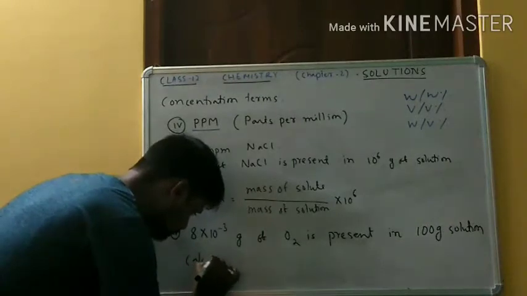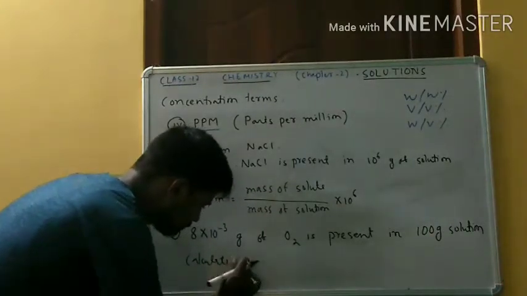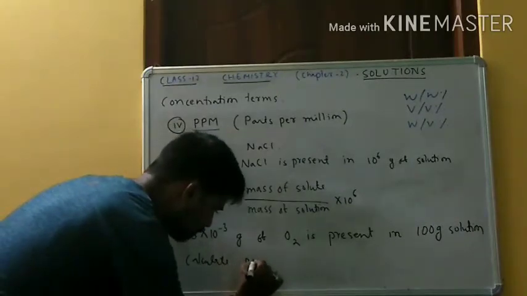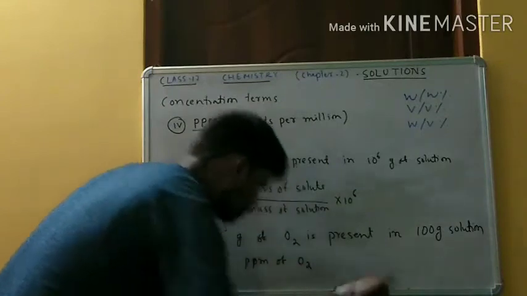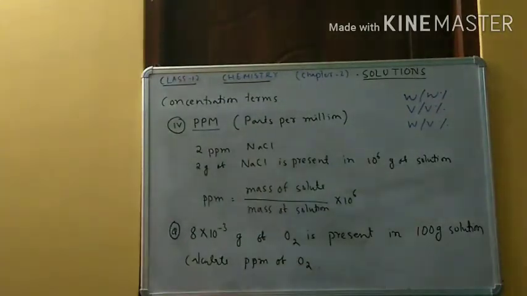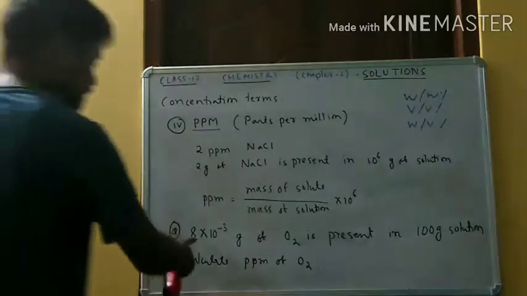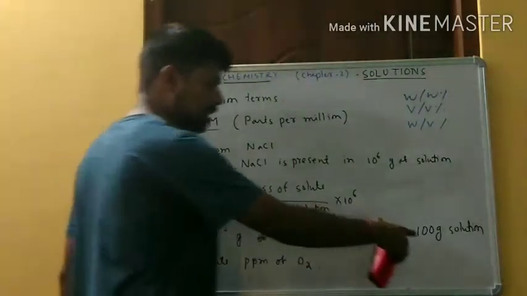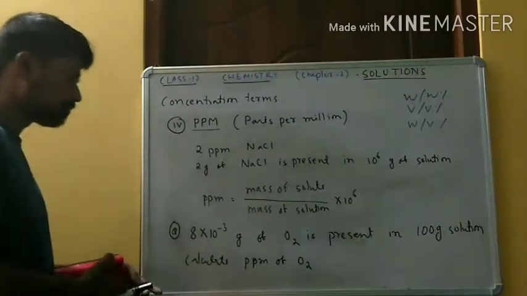Calculate ppm of O2. So 8 into 10 to the power minus 3 gram of oxygen is present in 100 gram of solution, and we have to calculate ppm.